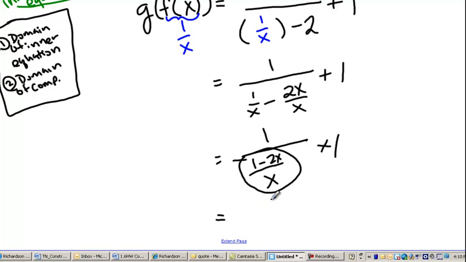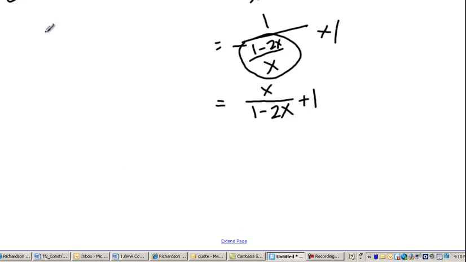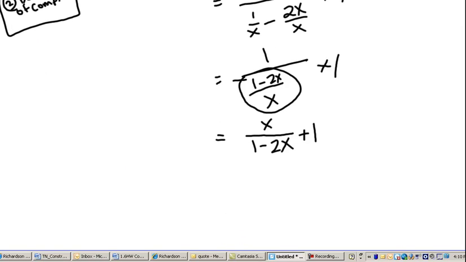So in reality, this is like saying x over 1 minus 2x, times 1 over... plus 1, because we're multiplying by 1. I know this seems like a lot, but it's really not. And not all your problems are going to be this tough. I just like giving you a little bit harder one so you can practice it and see how it's going to look in the worst case scenario.